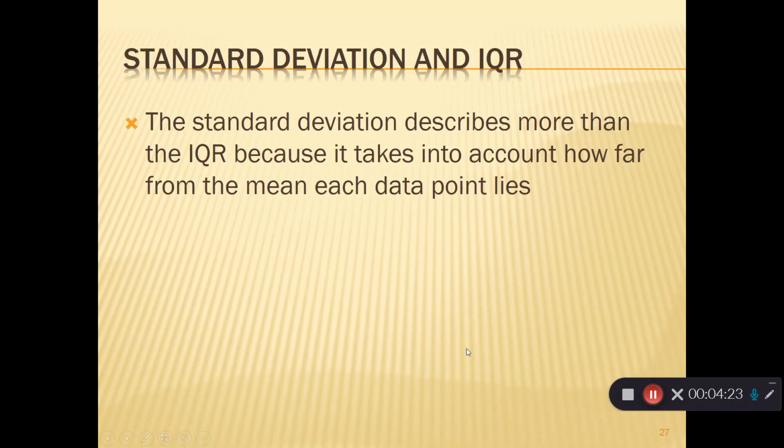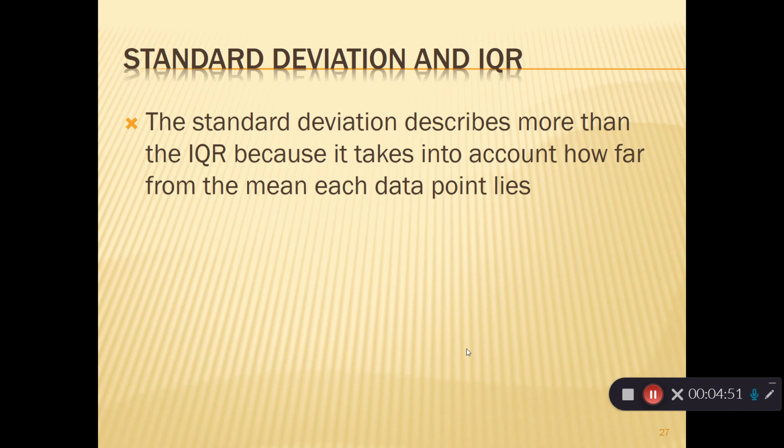Now, the standard deviation tells me more than the interquartile range because the standard deviation takes into account how far each data point is from the mean, whereas the IQR only tells me what the spread of the middle 50% of the data is, the data in between Q1 and Q3.